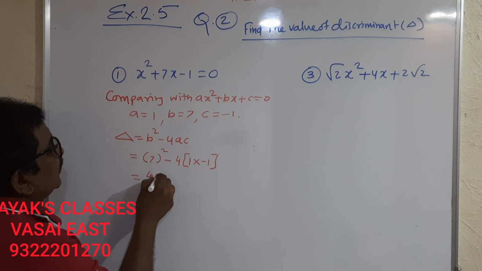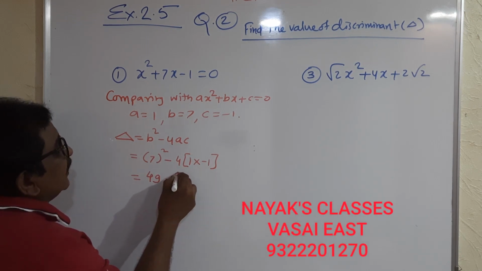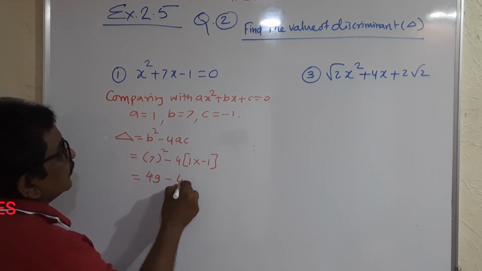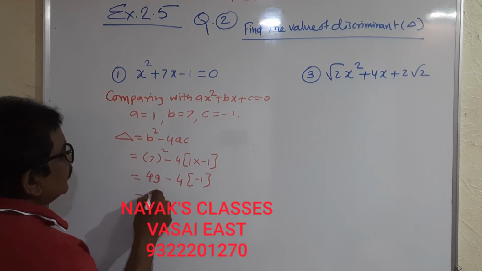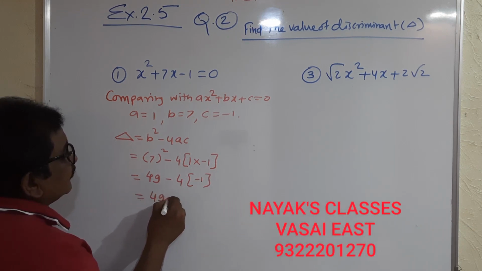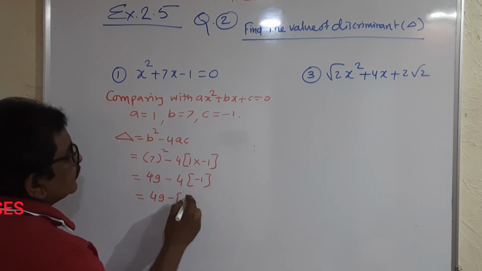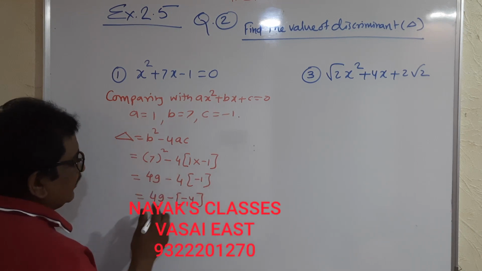which is equal to 49 minus 4 into bracket minus 1, which is 49 minus bracket minus 4.